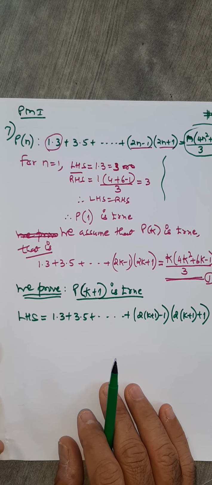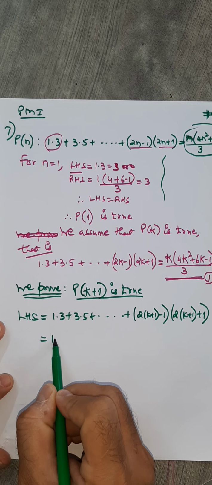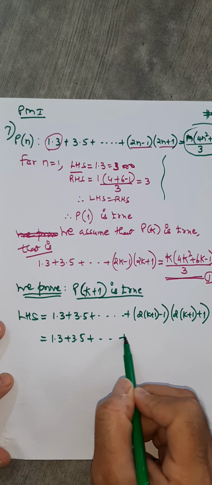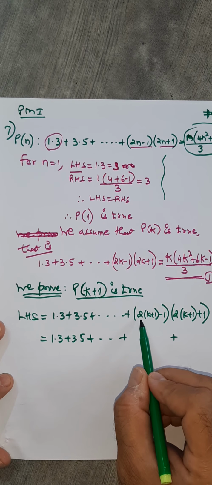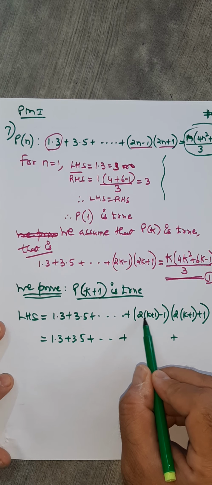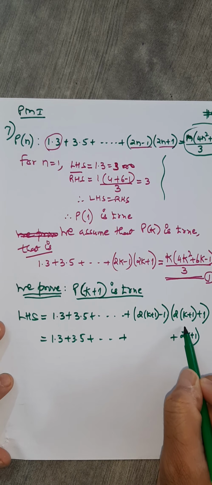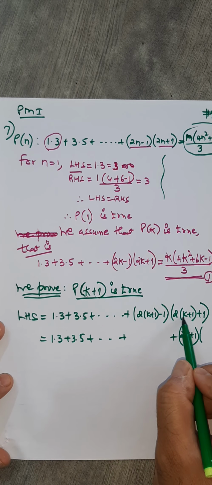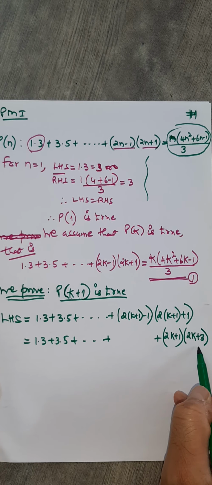Okay. So here, our normal procedure, 1 into 3 plus 3 into 5. What we do here is write the last term simplified. 2k plus 2 minus 1, which is 2k plus 1, into 2k plus 2 plus 1, so 2k plus 3 here.